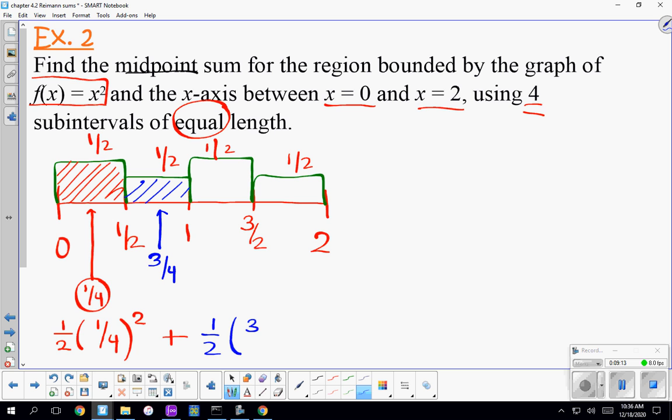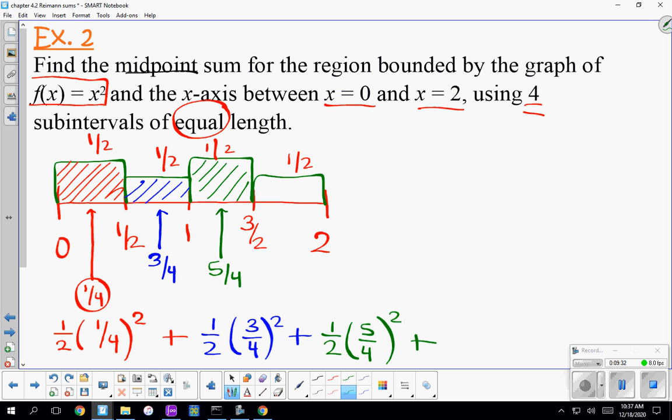So I'm going to plug 3/4 into my function to determine the height. Next, we'll call this the green rectangle. So we have a width of 1/2, and its height is going to be calculated by plugging in 5/4. And again, I'm just plugging these into this function, x squared.